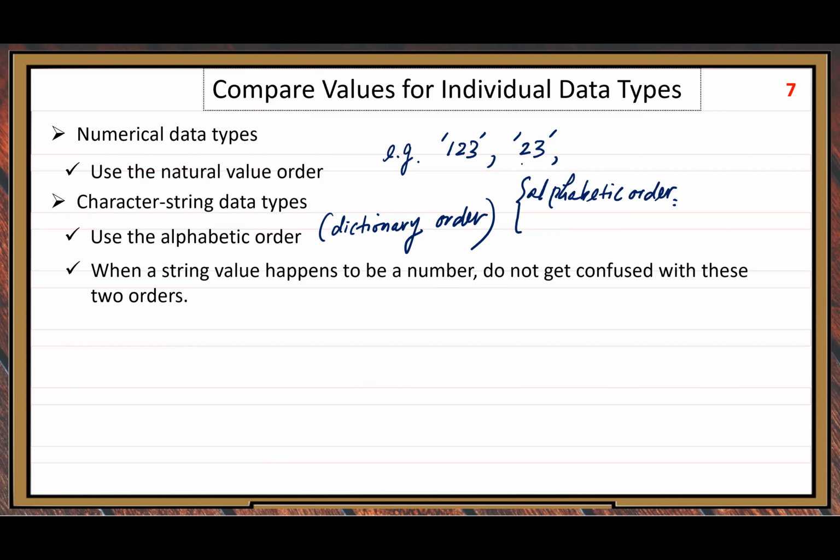You compare from the leftmost character first, like in a dictionary. 2 is clearly larger than 1, so the result is that '23' is greater than '123'.